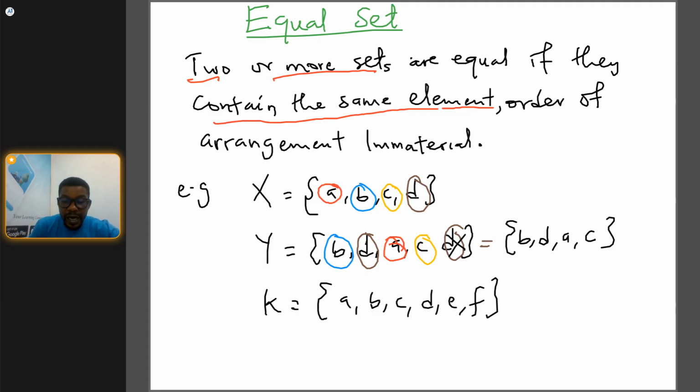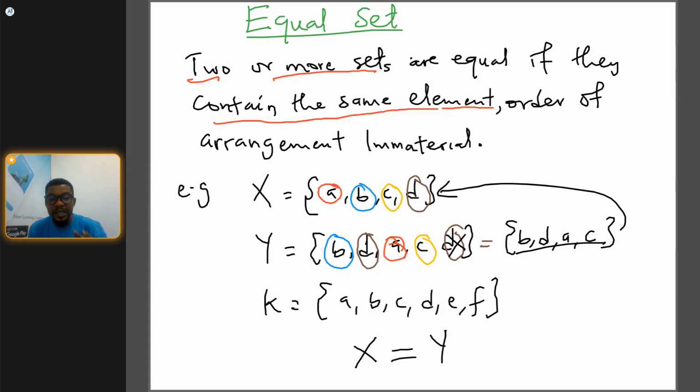So we can see that what we have here is exactly what we have in X. So we say X is equal to Y. I believe you understand that. Is that clear to us?